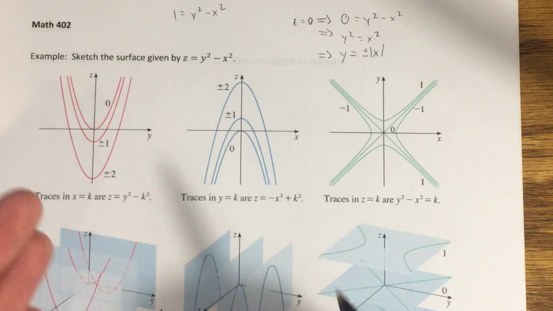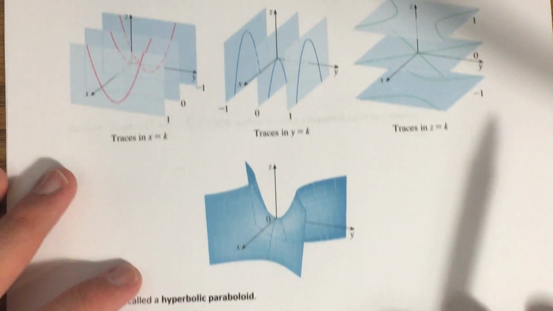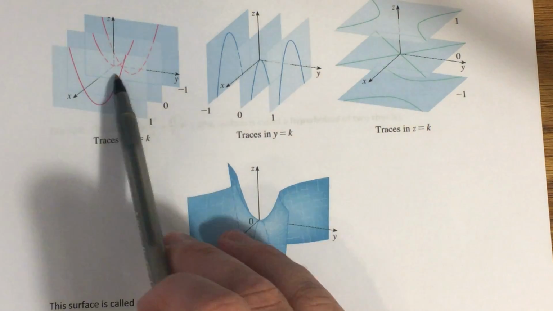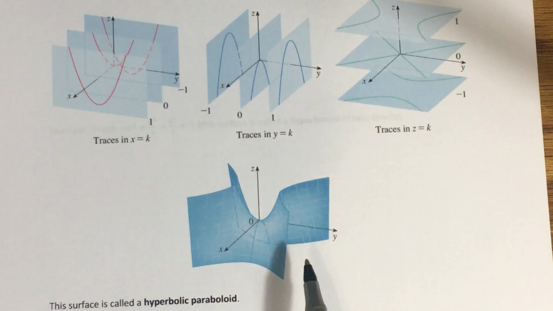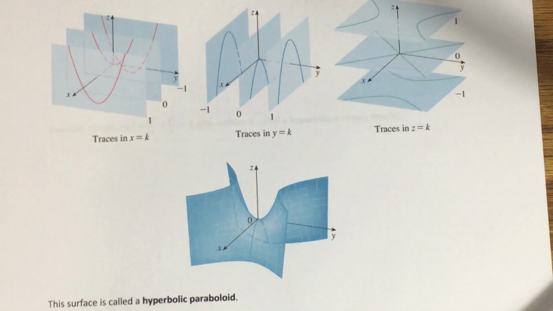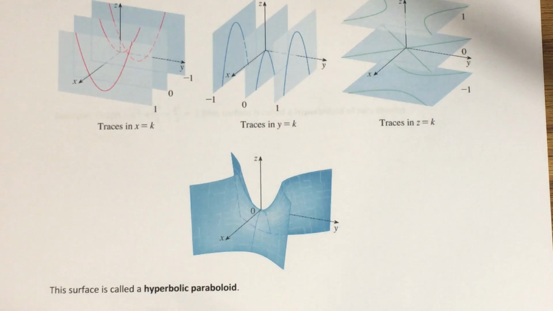If we take all of these traces and fit them together, what you end up with is this surface down here, and you kind of have to visualize for yourself how all of these fit together to create this. This is, again, something that we call a hyperbolic paraboloid, and that's because its traces all look like either hyperbolas or parabolas.